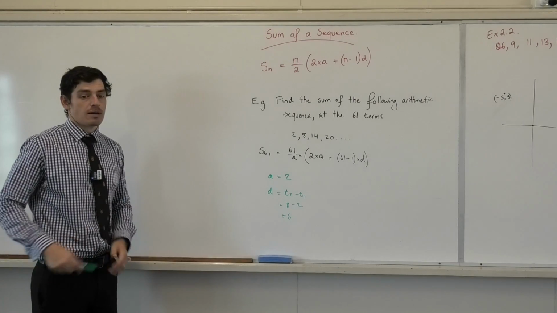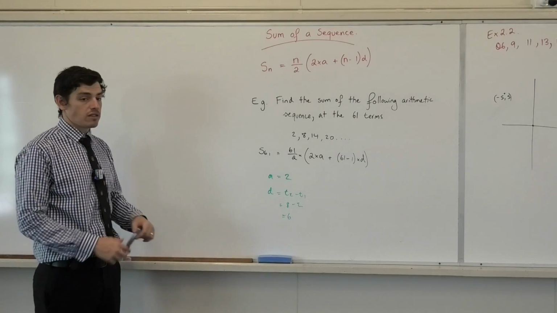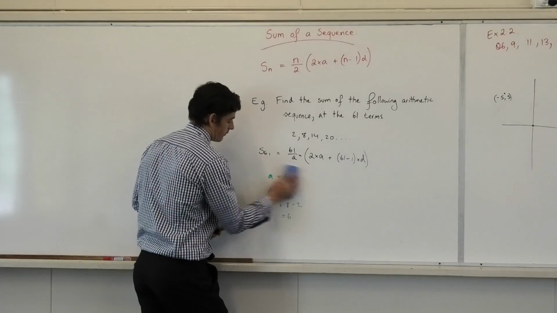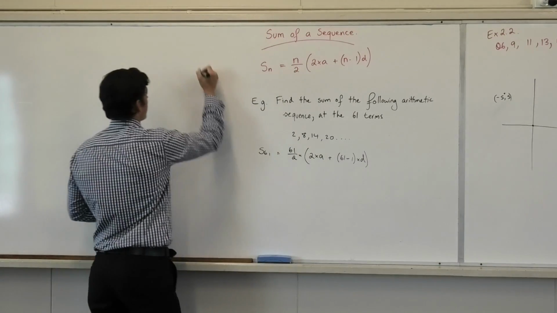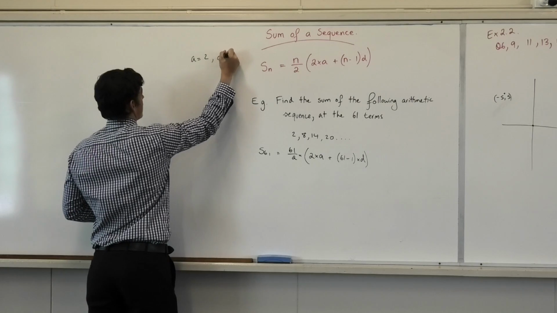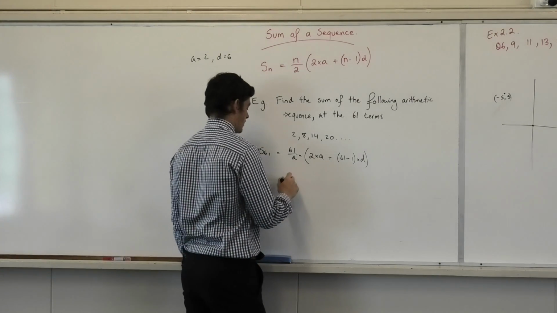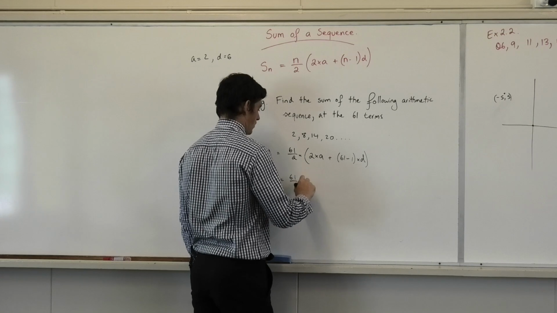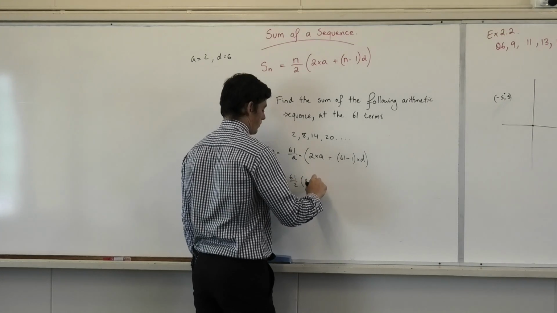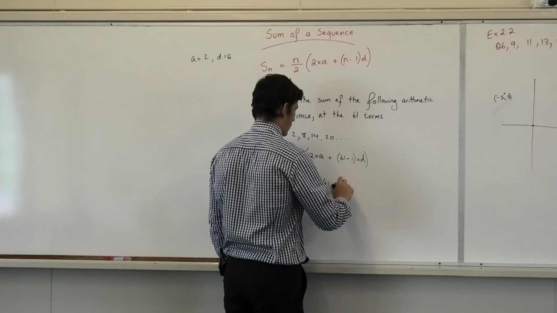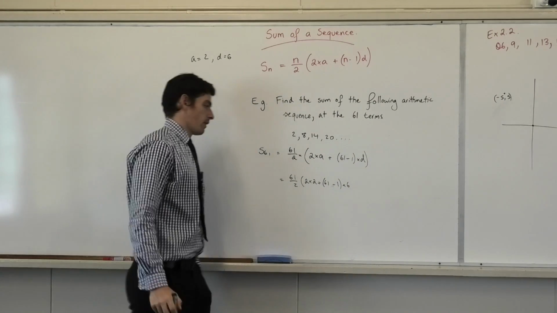Now all I have to do is sub those values into my equation, correct? A equals 2, D equals 6. So I get 61 over 2 times 2 times 2 plus 61 minus 1 in brackets times 6.